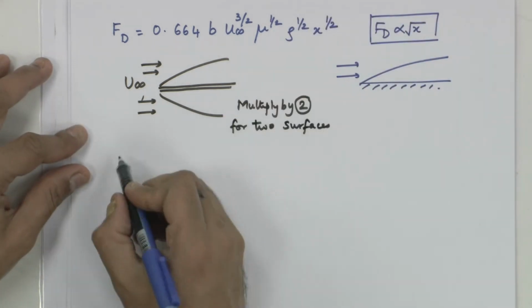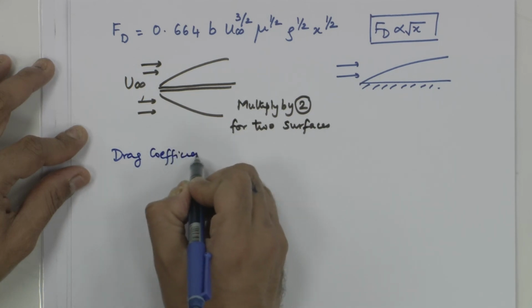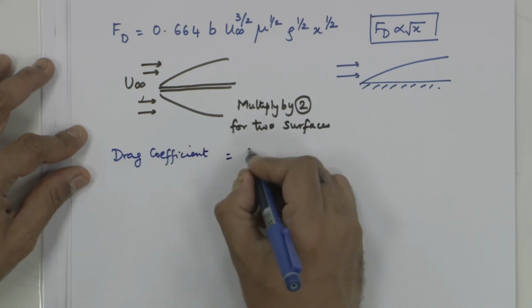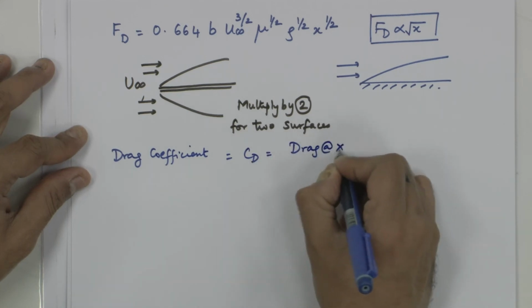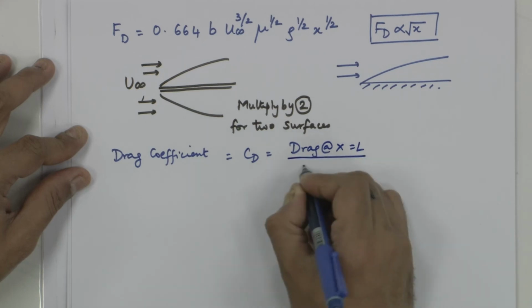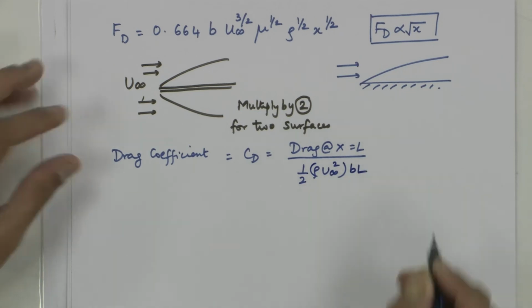Lastly, the drag coefficient. CD is drag at x equal to L divided by half rho u infinity squared L times b, this is the definition.